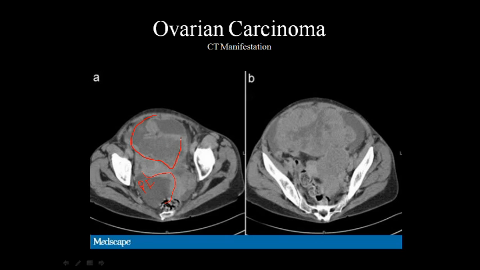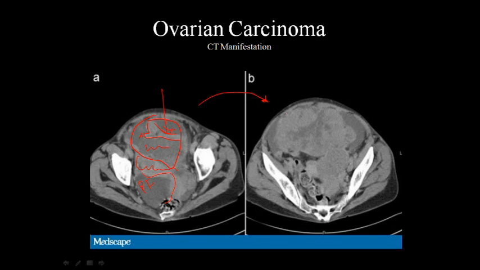Then you see this crazy looking structure here with all of this in between. And notice that you have septations here with decreased attenuation here, here, here. Because of that, that is typically what you're looking for as a malignancy.